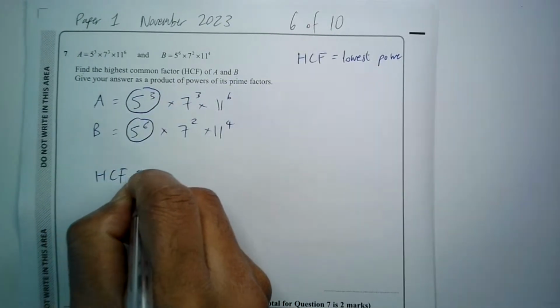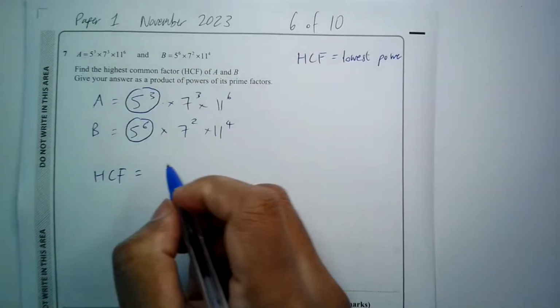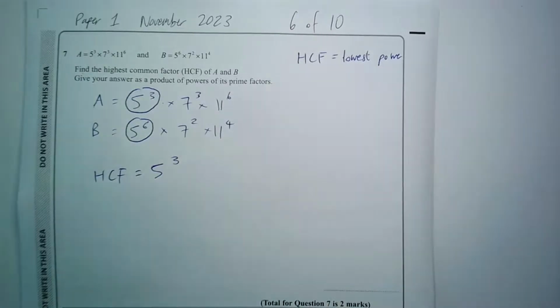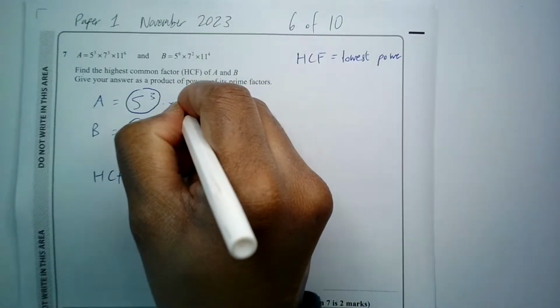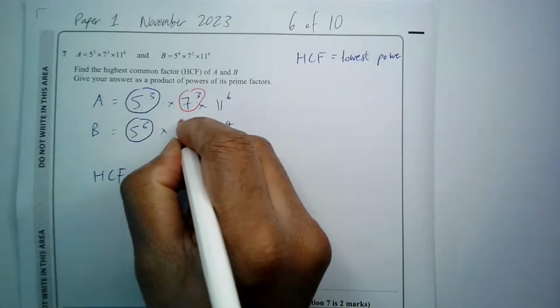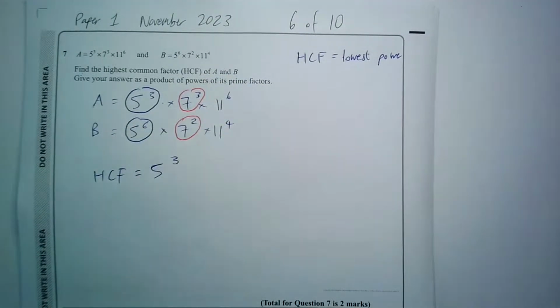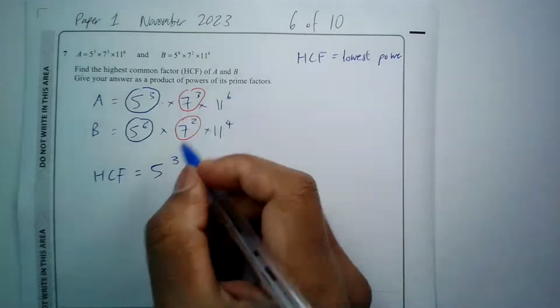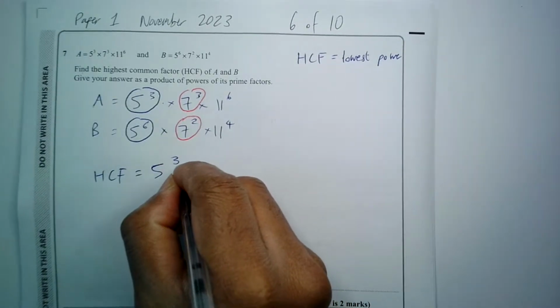Which one is the lower power? 5 to the power 3. So 5 to the power 3. I look at my next number, 7 cubed and 7 squared. Which one is the lower power? Lower power is 7 squared.